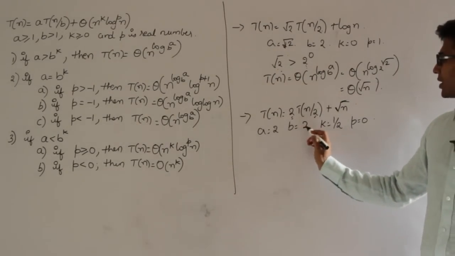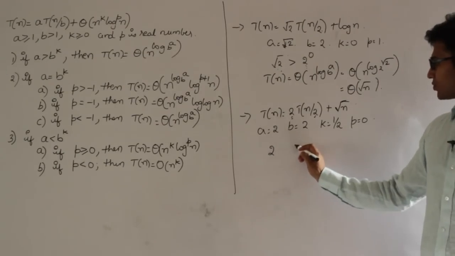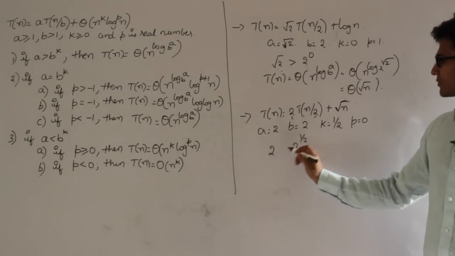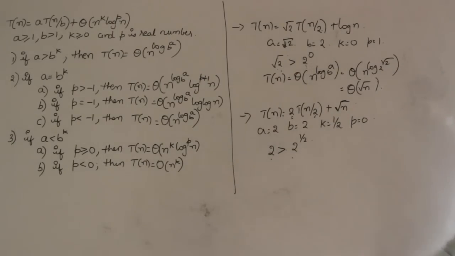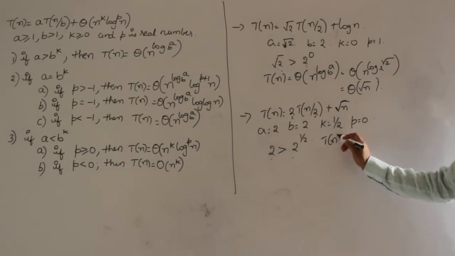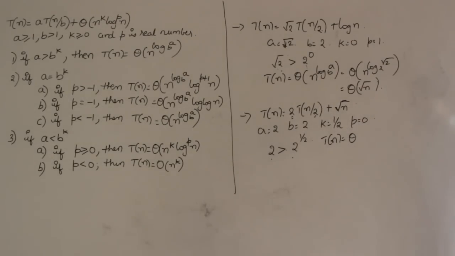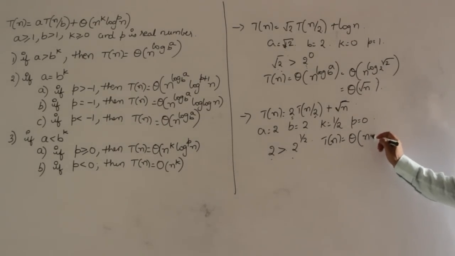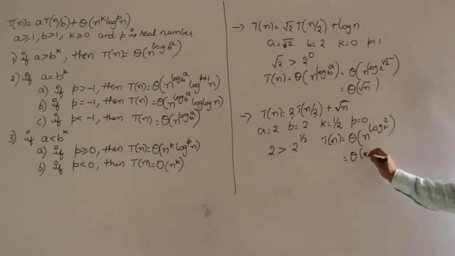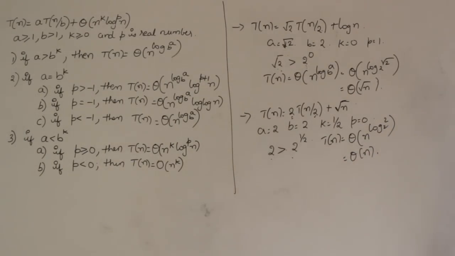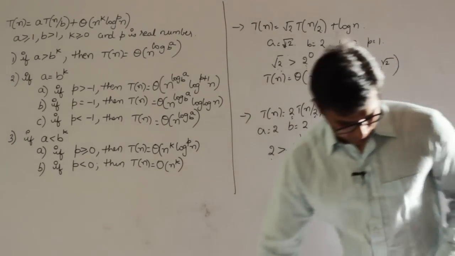So we have to compare a and b^k. So a is 2 and b^k is this, which means a is greater than b^k, which is nothing but condition number 1. So what is condition number 1? T(n) = Θ(n^(log a base b)). So n^(log a base b) is nothing but Θ(n). Okay. Next one.